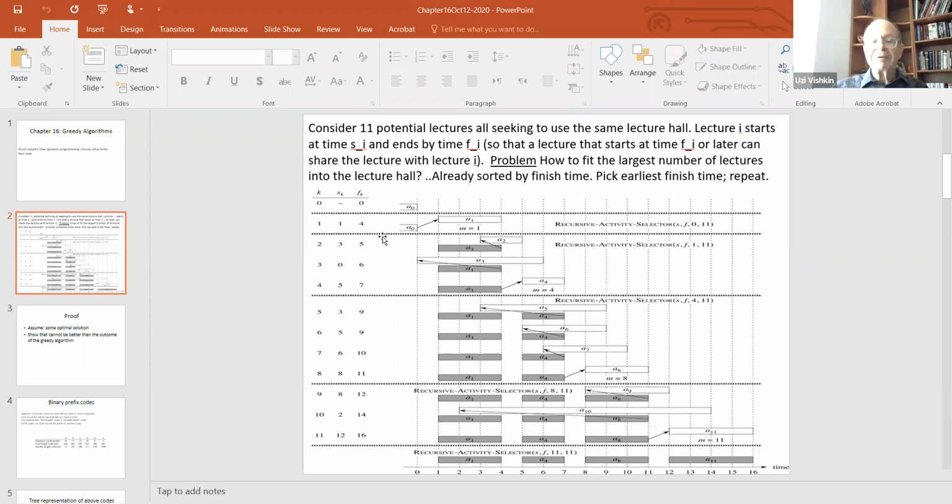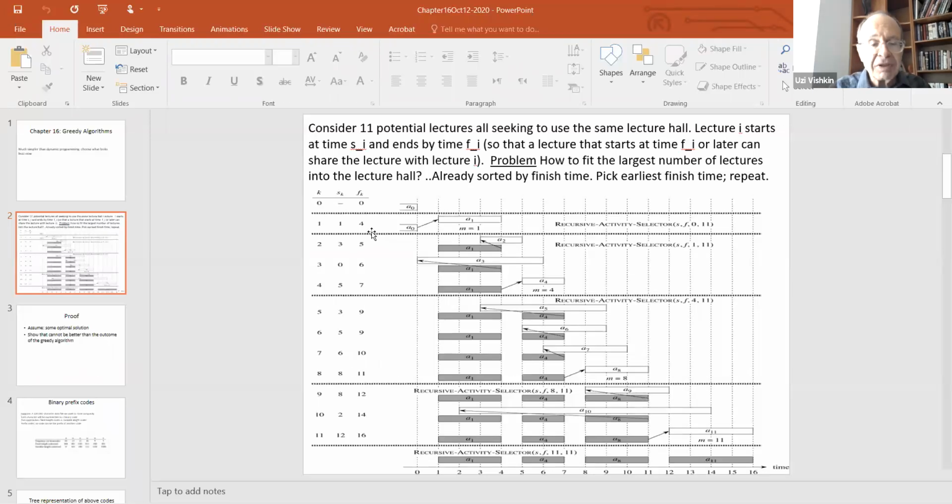Any questions about this simple example of a greedy algorithm? By picking the earliest finish time, you mean the shortest lecture, right? No. So what does that mean?